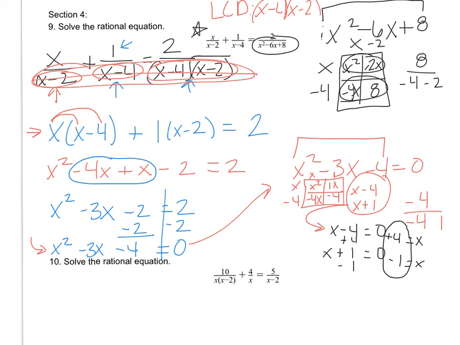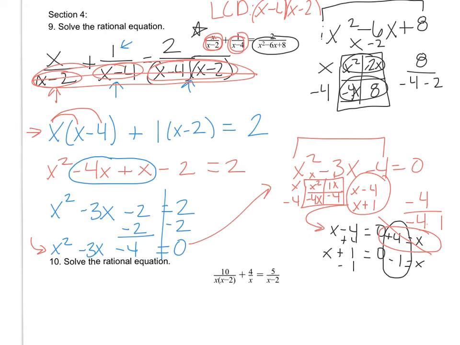I could stop there, but you will notice that if I take that x equals 4 and plug it back in up here, I want to make sure from my original problem that it doesn't zero out any of the denominators. So when I plug it in at the x minus 2 up here, 4 minus 2 is 2, so that doesn't zero out, but 4 minus 4 does zero out.